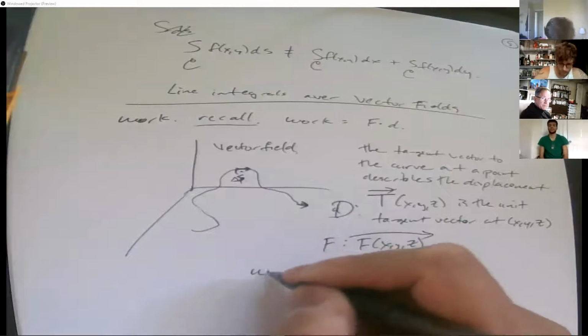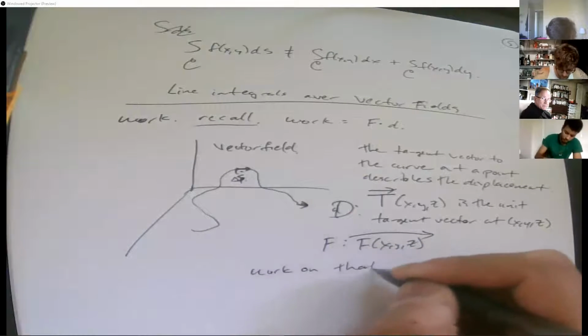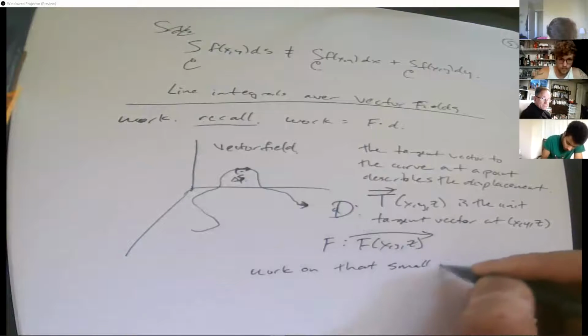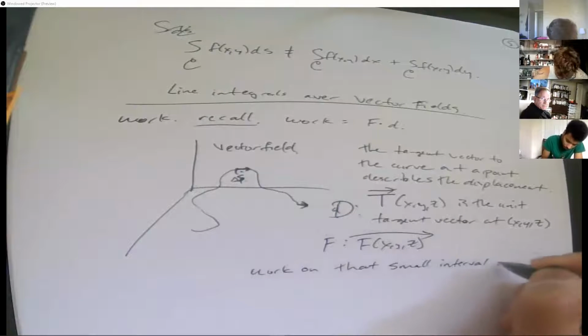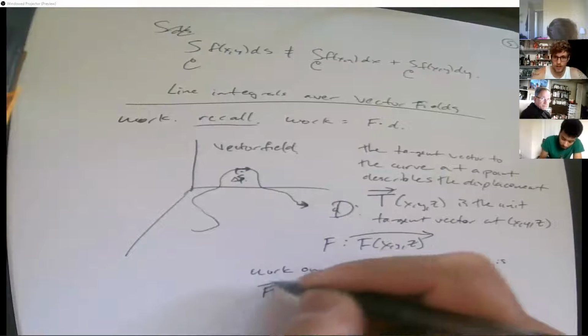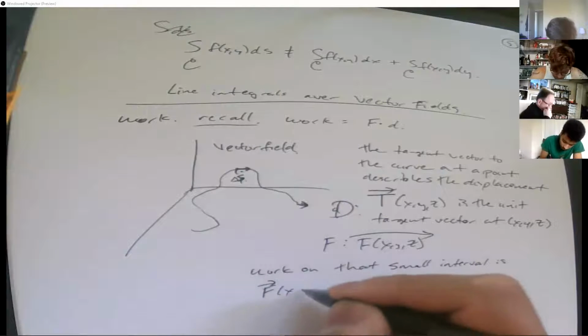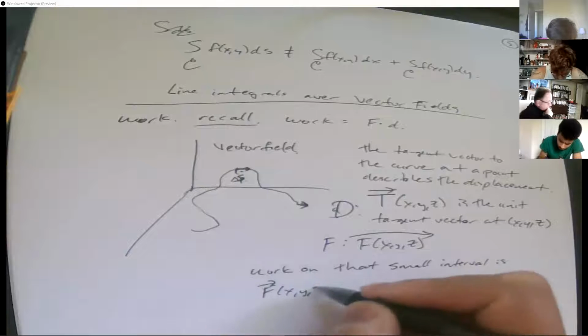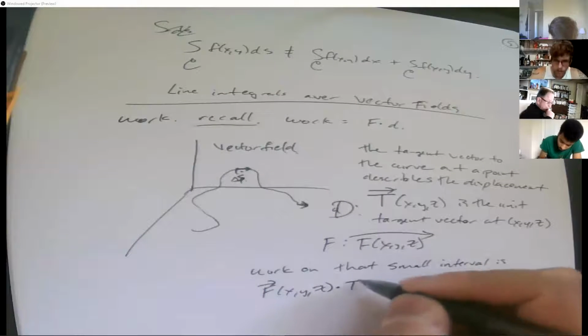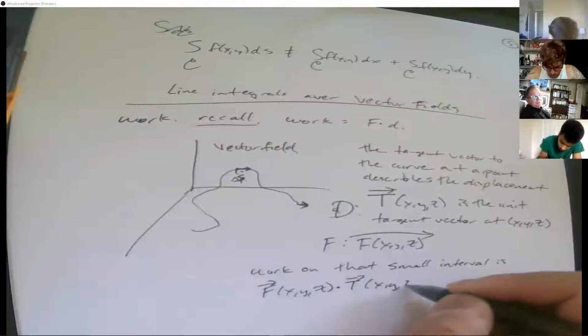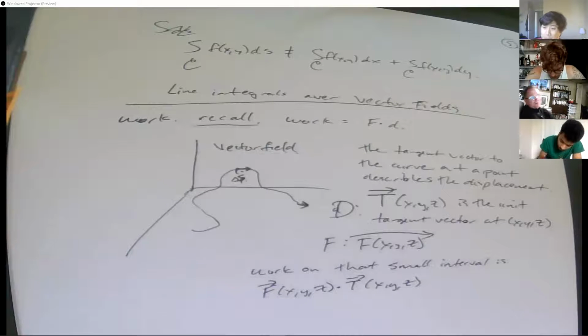So how do I determine the work being done on this small bit right here? The work on that small interval is F on that interval dot T. F at the beginning and T. So we pick a point, we have x, y, z, we take the force vector and dot it with the displacement vector, which is our tangent vector, right?